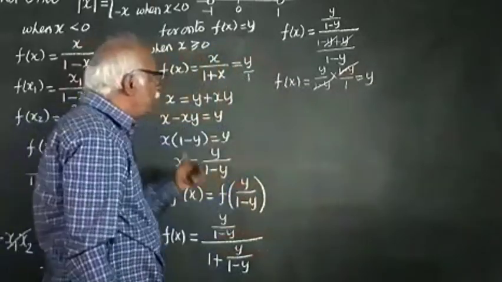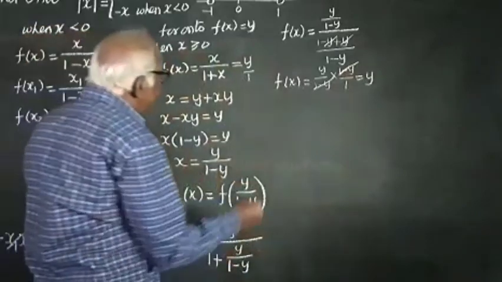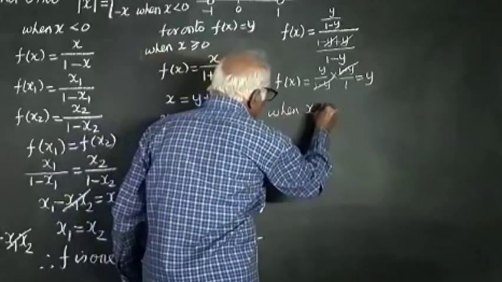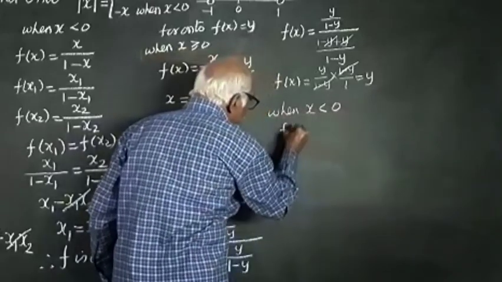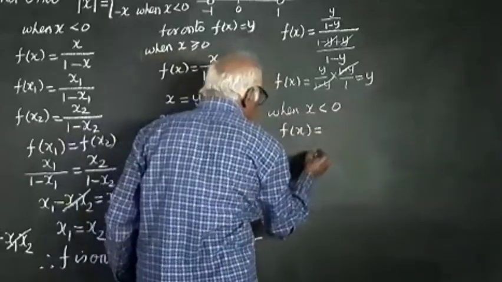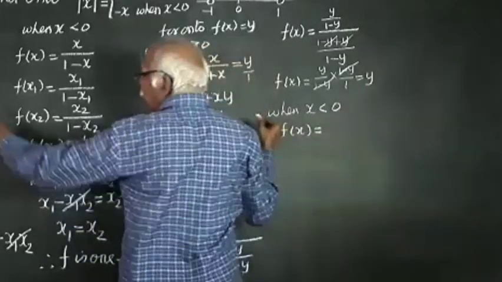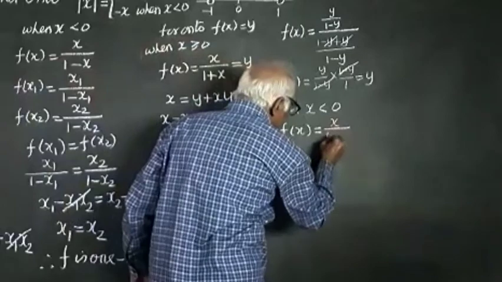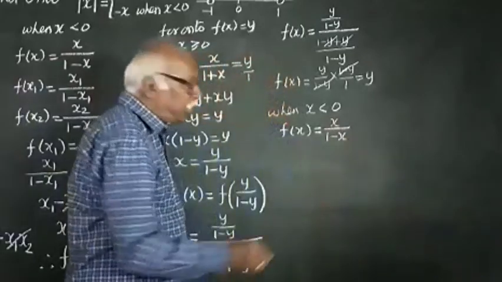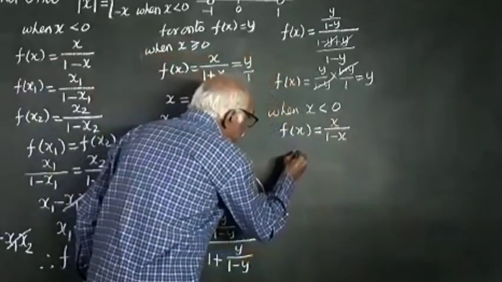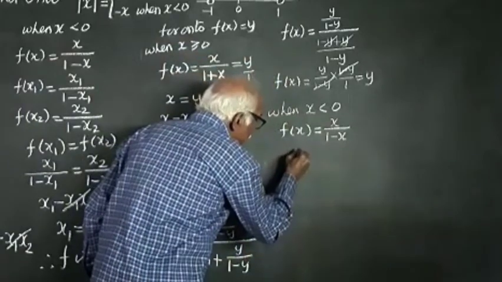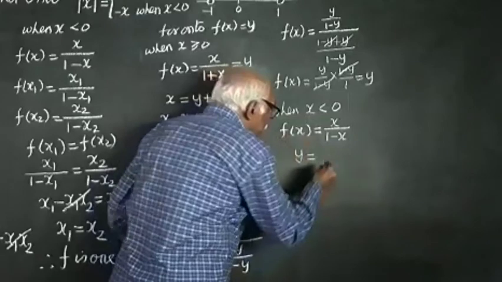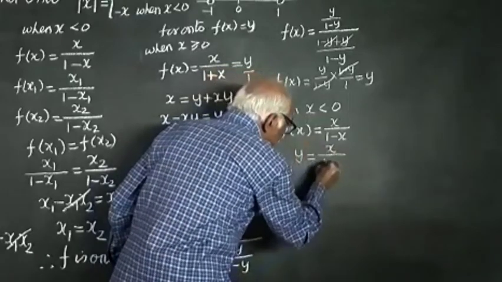We have proved this case. Now we have one more case, when x is less than 0. When x is less than 0, f of x is equal to x by 1 minus x. If f of x is equal to y, then y is equal to x by 1 minus x.